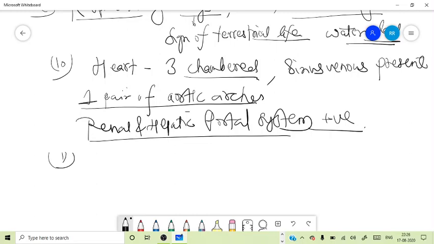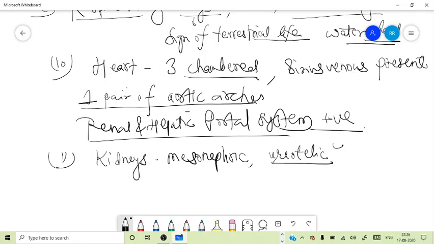Then the 11th point is that kidneys are mesonephric in amphibians. And amphibians are normally ureotelic, that is, they excrete urea as the excretory product.